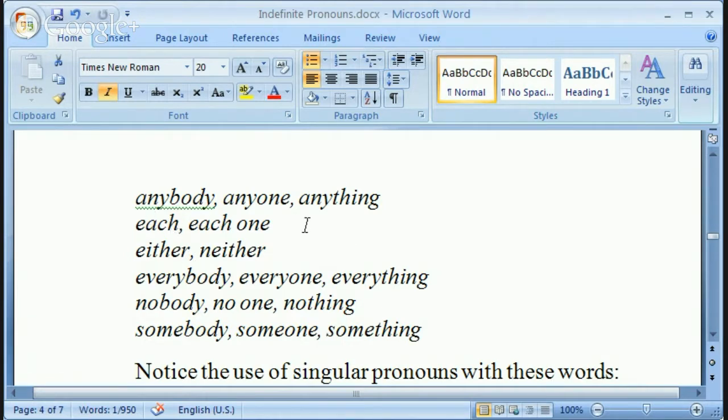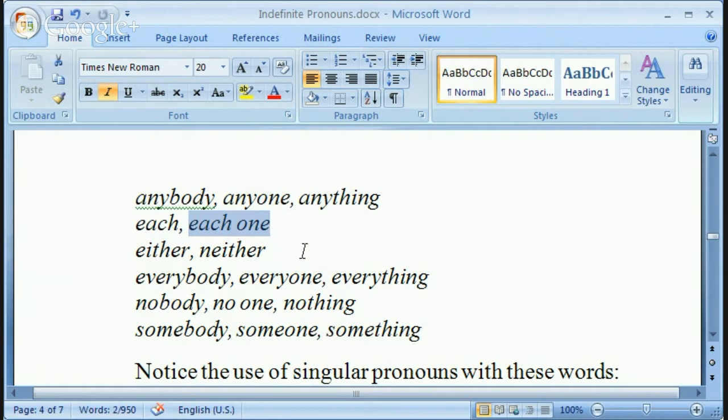Okay. Anybody, anyone, anything. Anything is okay. Anyone can go. Anybody is allowed in. Okay, these function as singular indefinite pronouns.